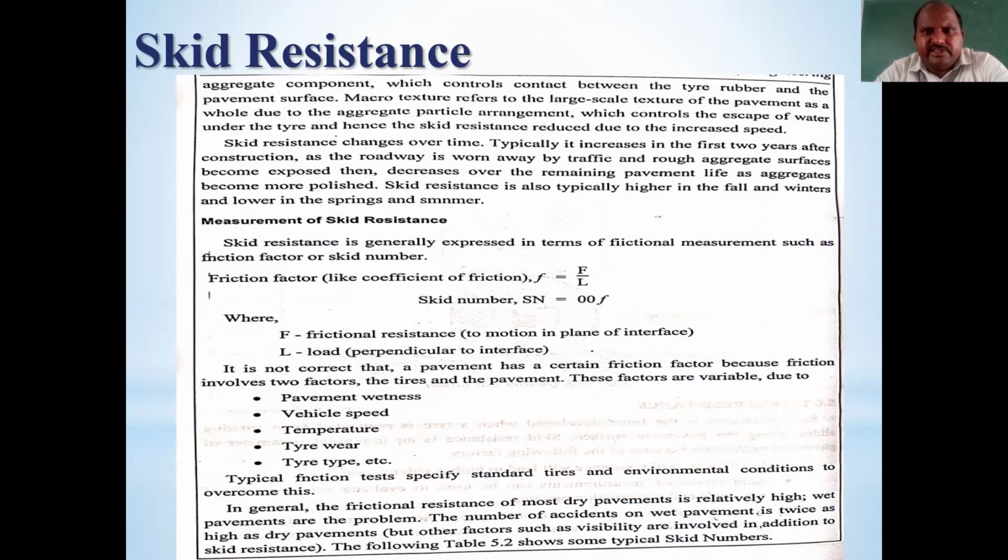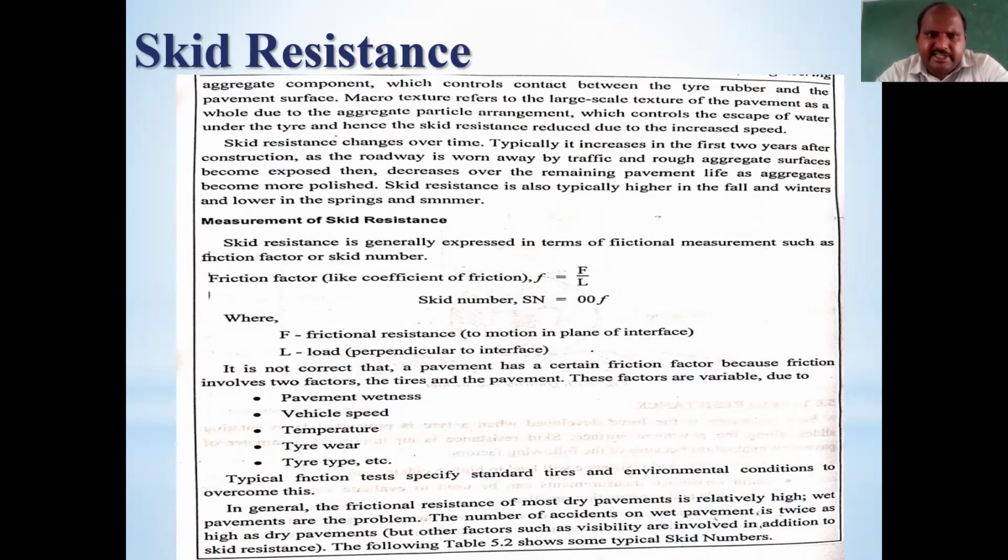Macro texture refers to the large scale texture of the pavement as a whole, due to the aggregate particle arrangement, which controls the escape of water under the tire, and hence the skid resistance is reduced due to increased speed.